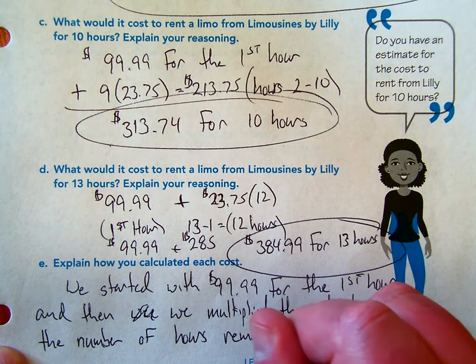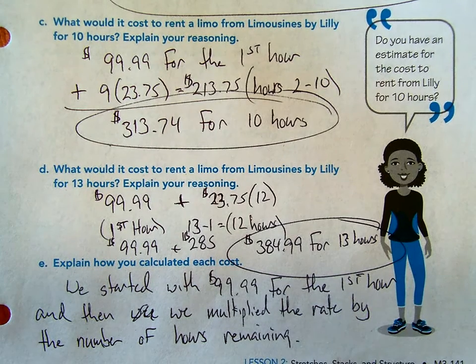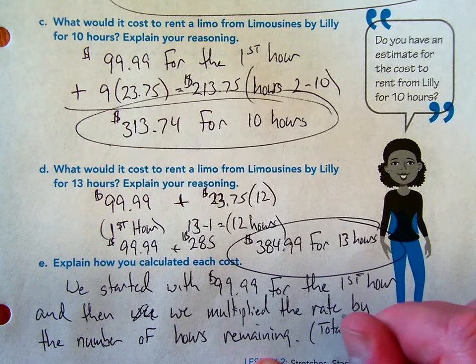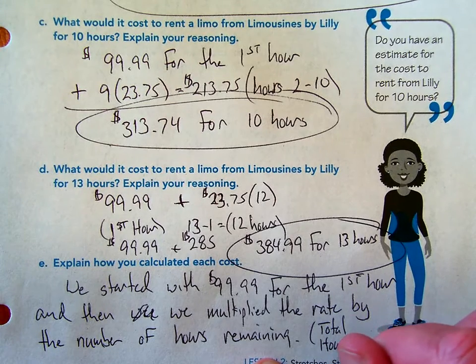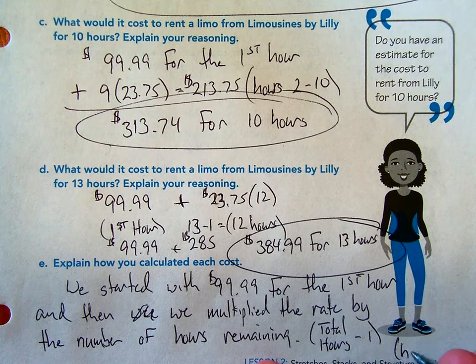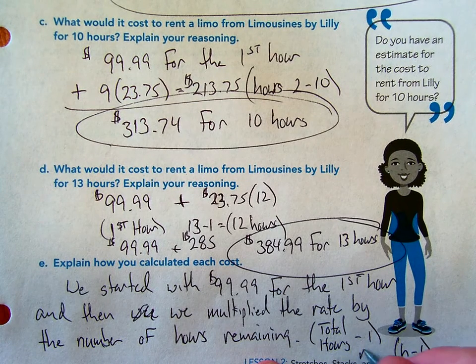And really, that's the total hours minus 1, because we just subtract away the first hour. So it's total hours minus 1, or hours minus 1. So the first hour, and then the rate, times hours minus 1.